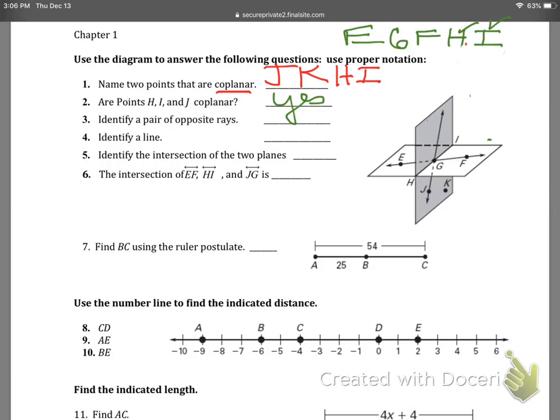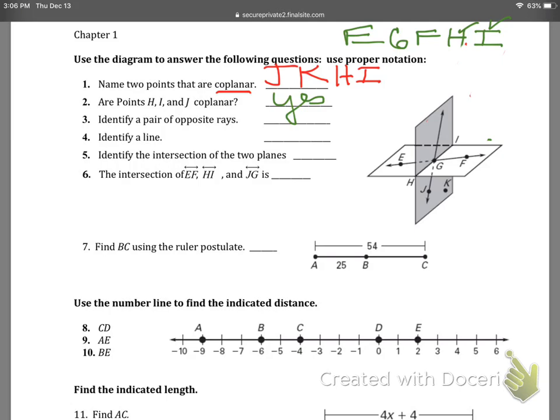So I'm looking at this line right here, that line right there that I highlighted in yellow. So I think we can grab 2 rays. So let me just get rid of the yellow so you can see it again. So what if we started and looked at ray EG? Now, in order for them to be opposite, I have to write them so that they're opposite.